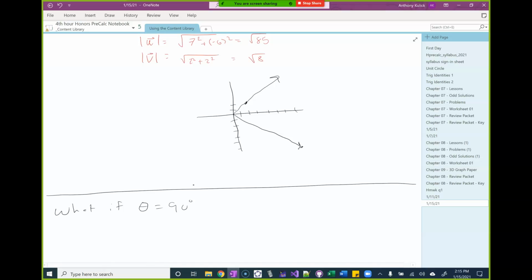Well, remember that the cosine of theta is 0, right? So that would imply then that u dot v over the magnitude of u times the magnitude of v should also equal 0, right?